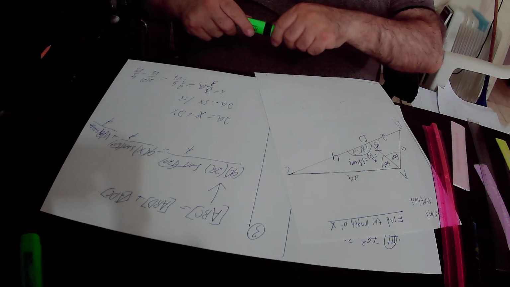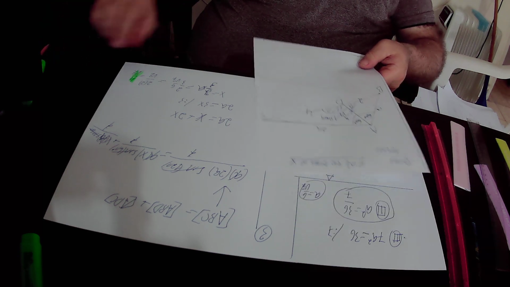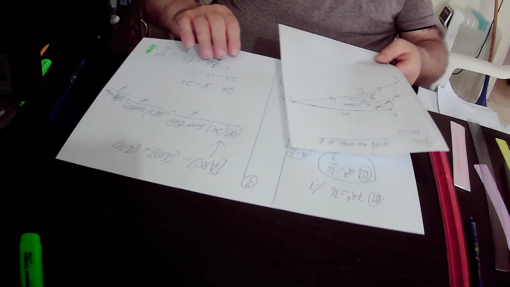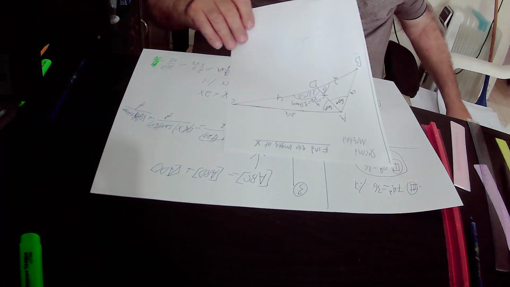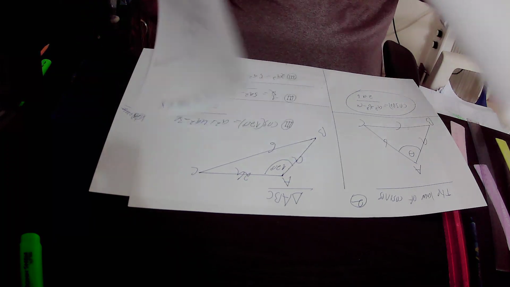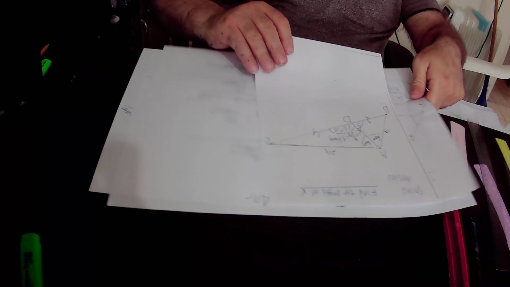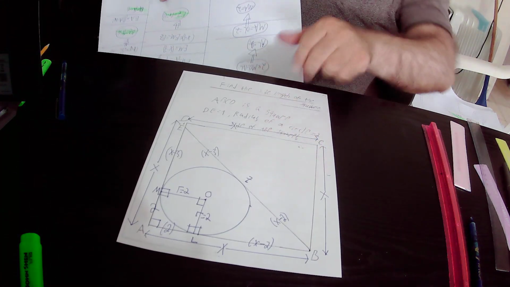We'll start with the first question. In the first question, we have square ABCD.